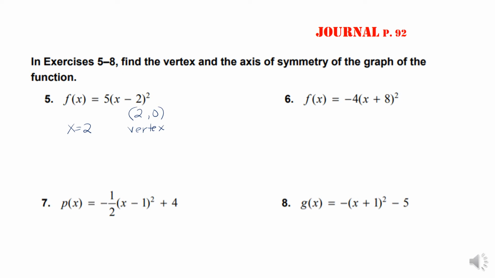Okay, over here on number 7, my axis of symmetry is x equals 1, not negative 1, and my vertex is going to be (1, 4). Okay, so your turn. You get to do 6 and 8. So take a second and see how you do on those.